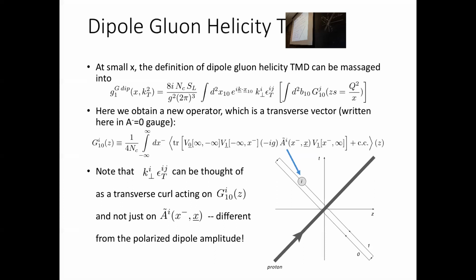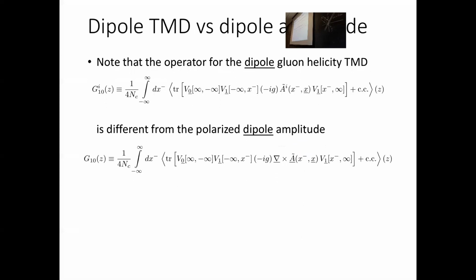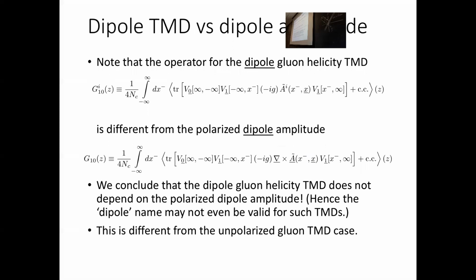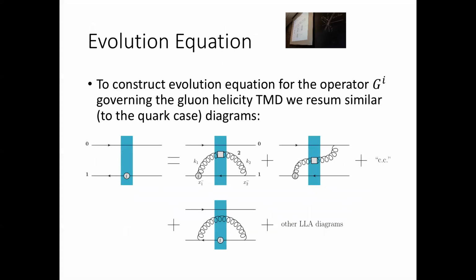We had to write a new set of evolution equations for this new amplitude G^i_10. Before I just had G_10, no i. Now I have an i, and that's for different reasons. We can discuss the validity of calling this a dipole gluon helicity TMD if it's not related to the dipole amplitude, but that's a philosophical discussion we can save for another program.